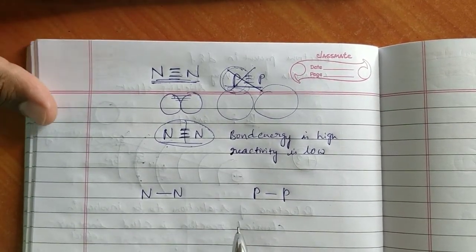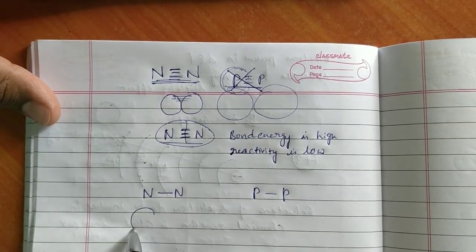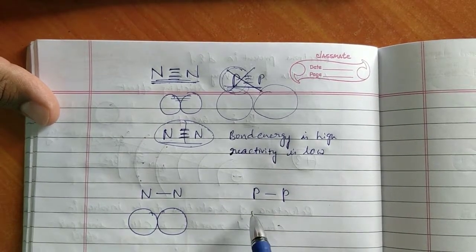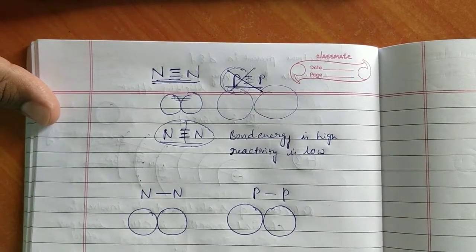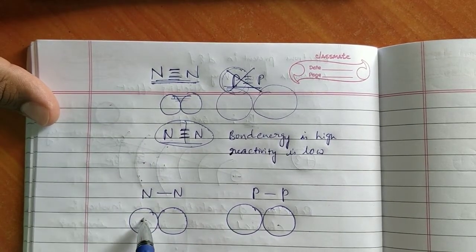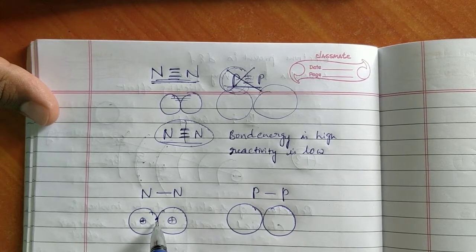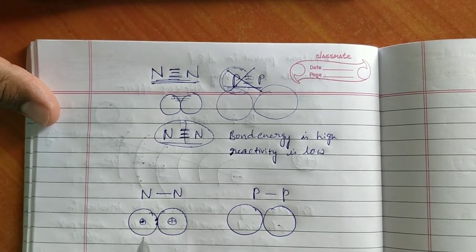When we are comparing these two, the actual thing is that here the single bond is present between small nitrogen atoms and between big phosphorus atoms. Obviously, according to our known information, the nucleus will attract the bond pair of electrons strongly. This nucleus and this nucleus will attract the bond pair of electrons very strongly, and this bond must be strong.